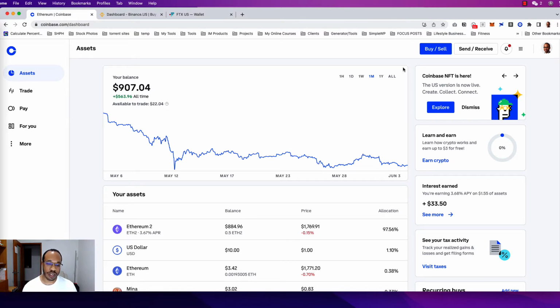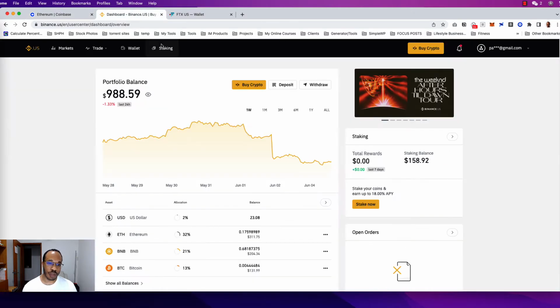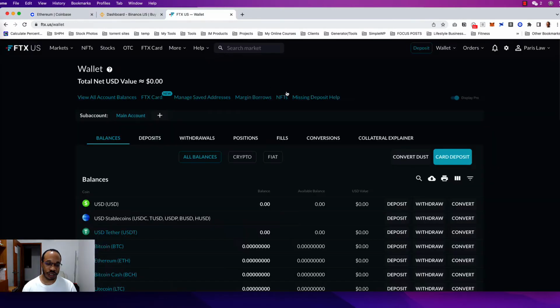Where it differs is that Coinbase will usually hold your assets for about 9 days or so before you can withdraw or send out outside of Coinbase. The Binance dashboard usually requires 10 days. And FTX, I haven't deposited yet, but I'm going to test that out and see how long it requires before you can do withdrawals.